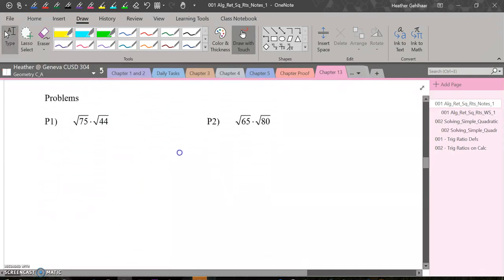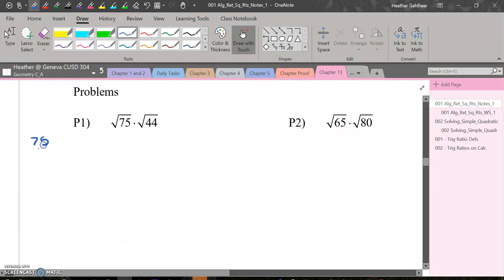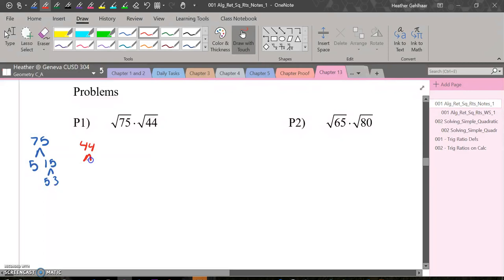Okay, so taking a look at this first example. All right, so over here we have 75. Do a factor tree. We know that 5 times 15 will get us 75, and then we have 5 and 3. Then we have 44. 4 times 11 will get us 44, and then 2 times 2.